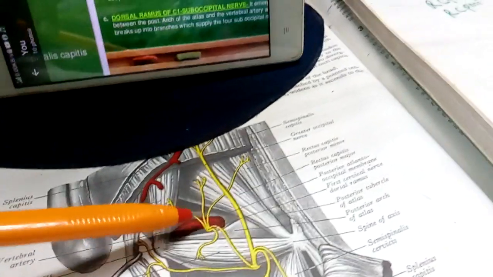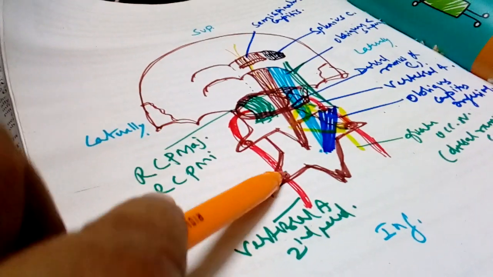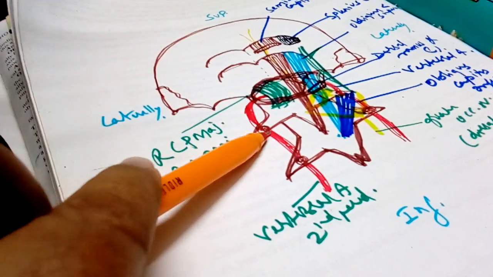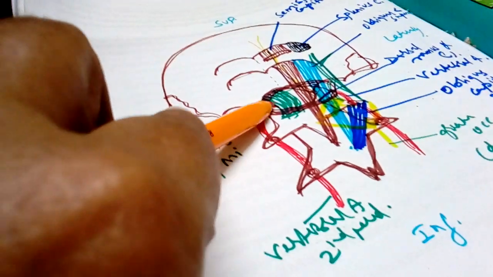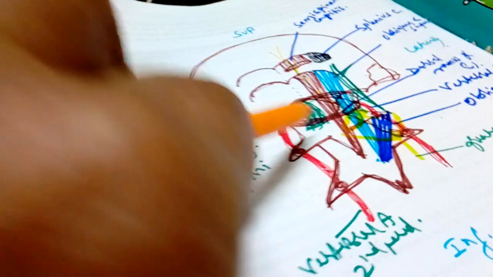Before reaching the triangle, it passes through the foramen transversarium of the atlas; this is the axis bone and this is the atlas bone. Then it ascends upwards and medially along the edge of this atlanto-occipital membrane. Here it is reaching the triangle.